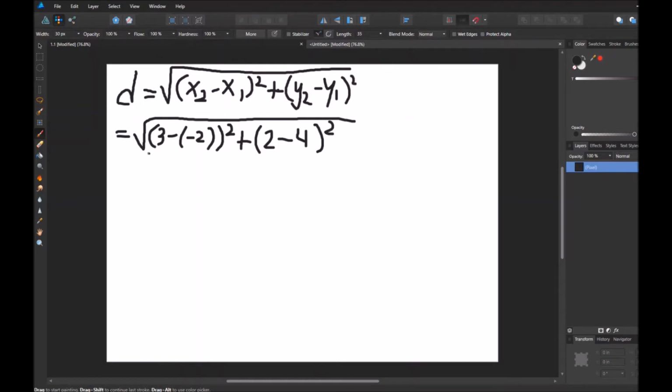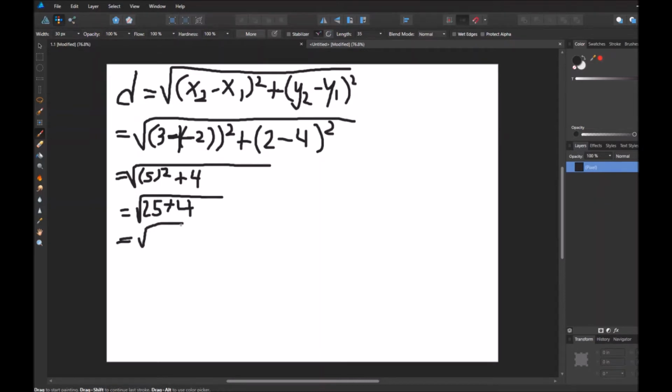So 3 minus a -2 is the same thing as 3 plus 2, which is 5. So we have 5 squared. And then 2 minus 4 is -2, and -2 squared is 4. So 5 squared is 25, and that's going to be added to 4. And that's going to equal the square root of 29.